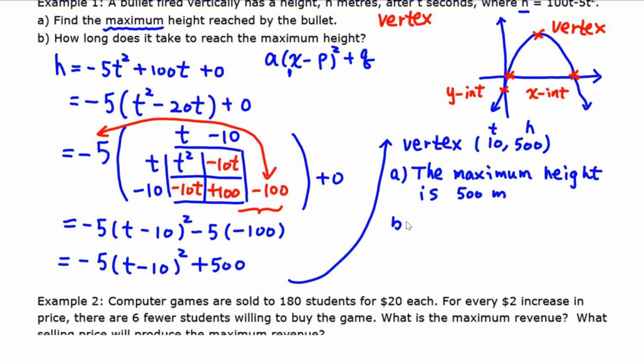And question B, when will it reach this maximum height? It is a t value, a time, so it takes 10 seconds to reach the maximum height. Then this question is done.